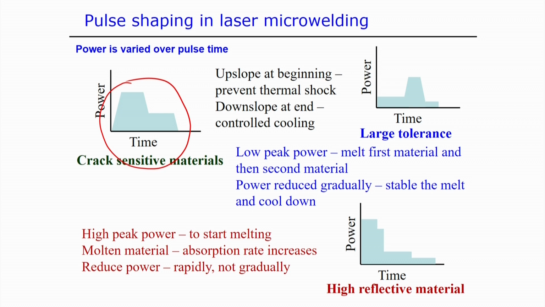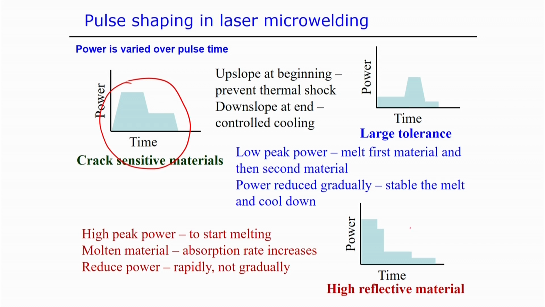Finally, there is a gradual decrement of the pulse, which helps to stabilize the melt material and cool the weld joint down to ambient temperature. This type of pulse shape helps when a large tolerance is required during the welding process.